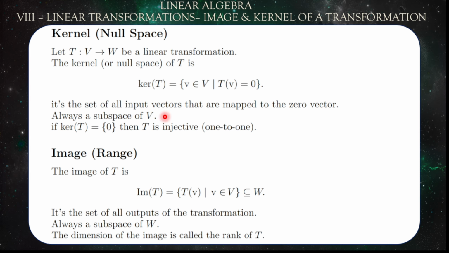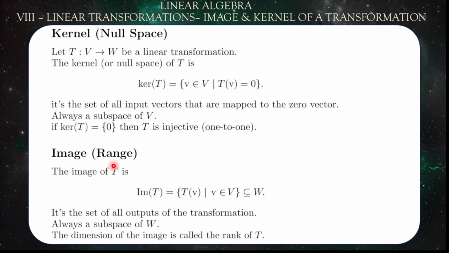It's the set of all input vectors that are mapped to the 0 vector, the set of V's for which T of V is equal to 0. The kernel is always a subspace of V. If ker T is equal to 0, then T is injective, okay? No solutions. So it maps 1 to 1.